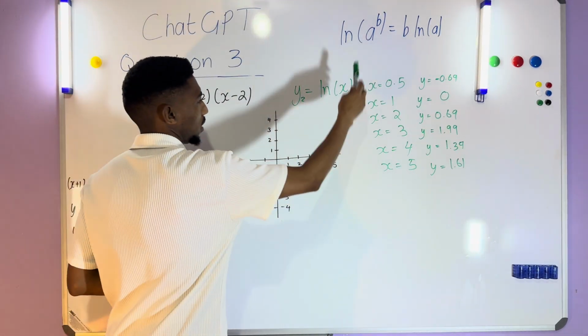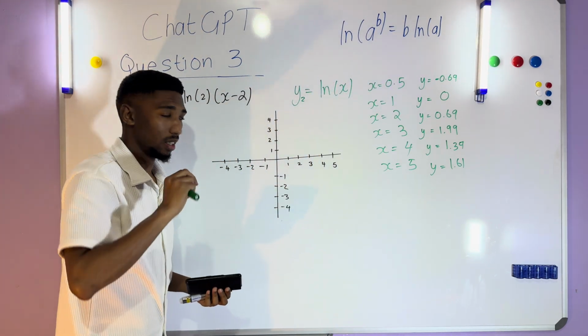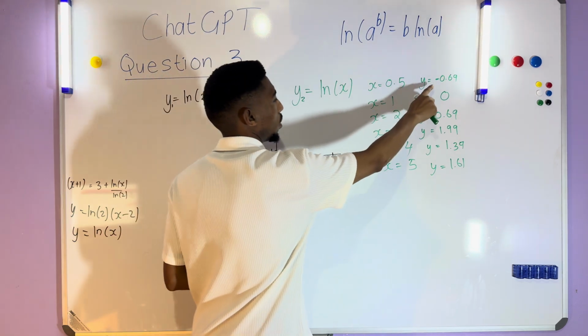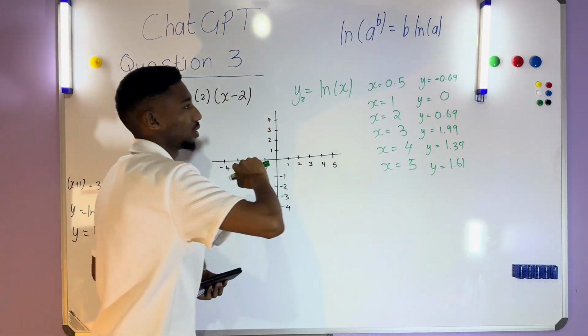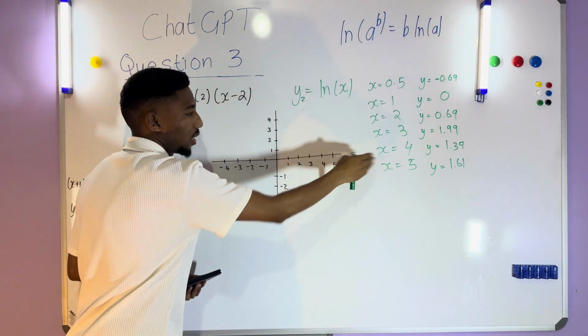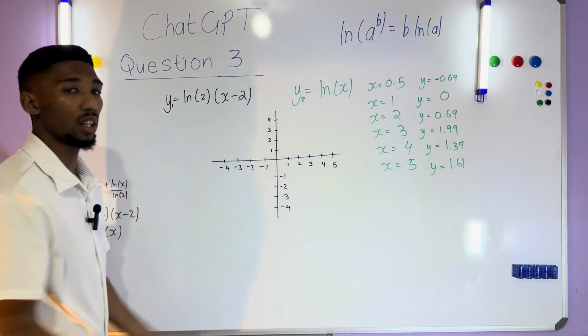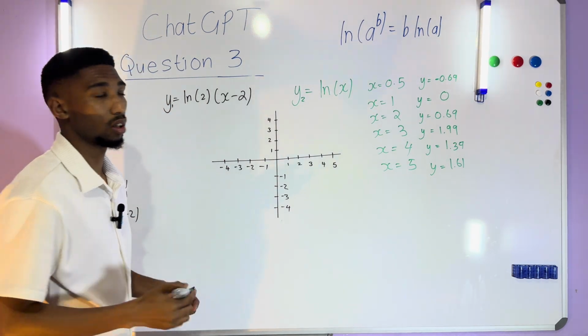We have all of the x and y values that correspond for the graph of ln x. So we have y is equal to negative 0.69 when x is 0.5, and so on. Now we simply plot these values onto our graph.